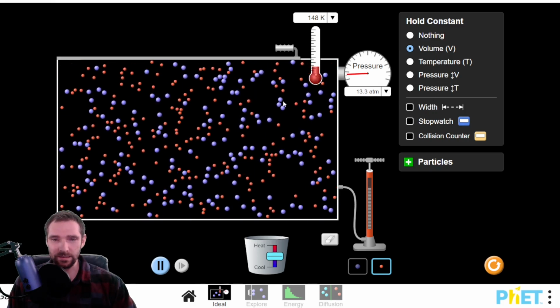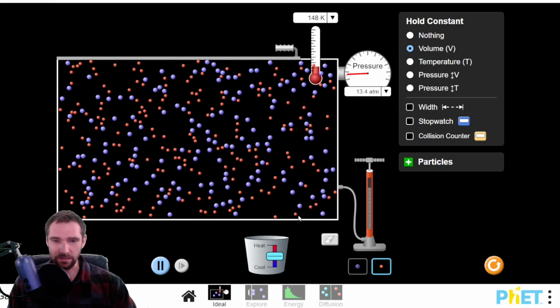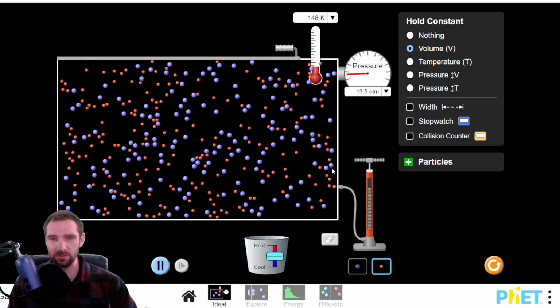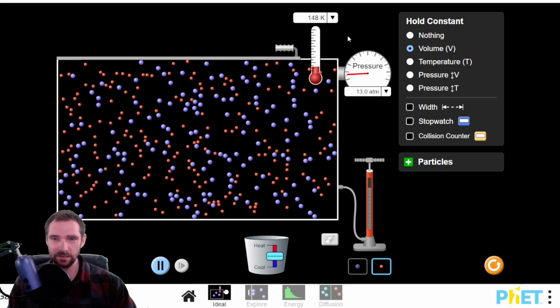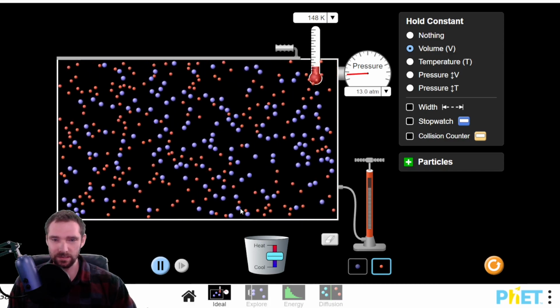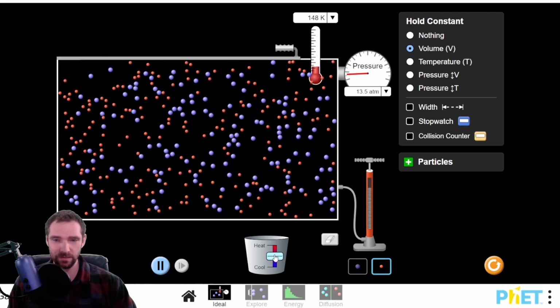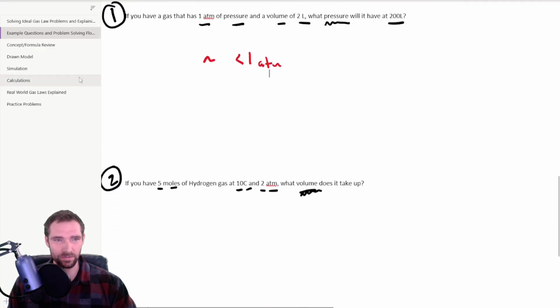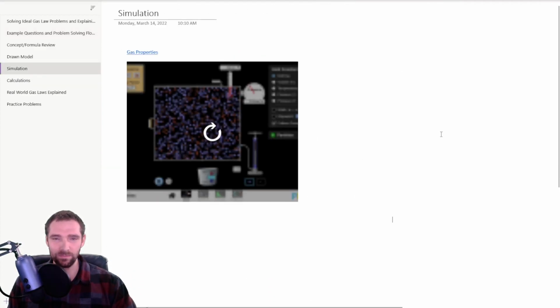So it's just a matter of relating all these different things. As you can see, all of them relate to each other. And so if you understand the temperature, the pressure, the amount of stuff, then you should be able to tell me how much volume there is. That's kind of what's going on if you're thinking about that in terms of the simulation. Very, very neat. I would definitely recommend you play around with that just to see how this stuff works.